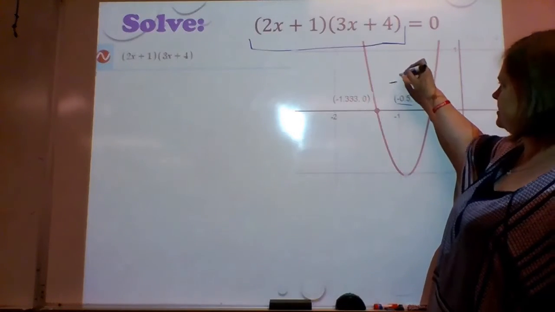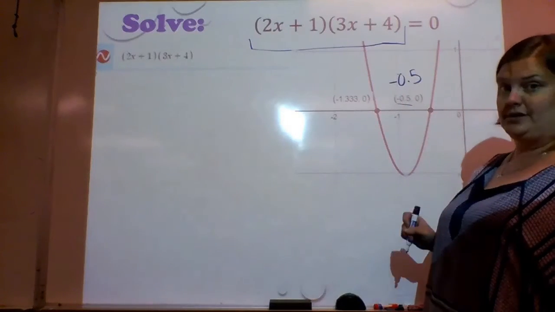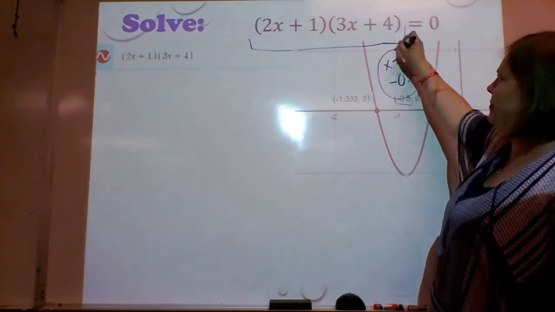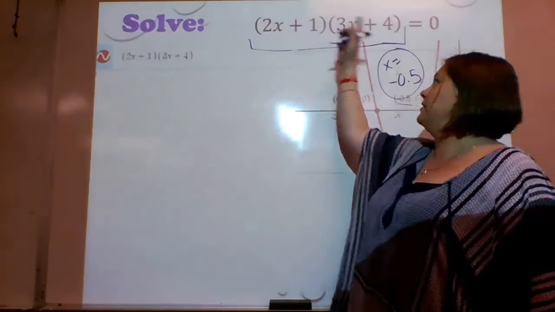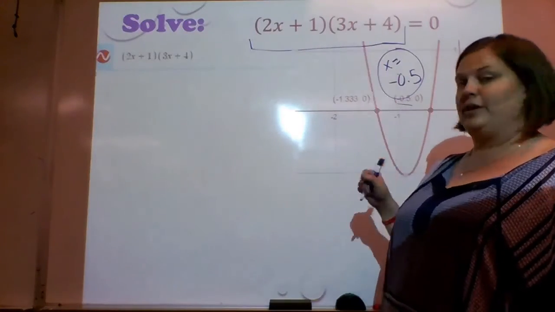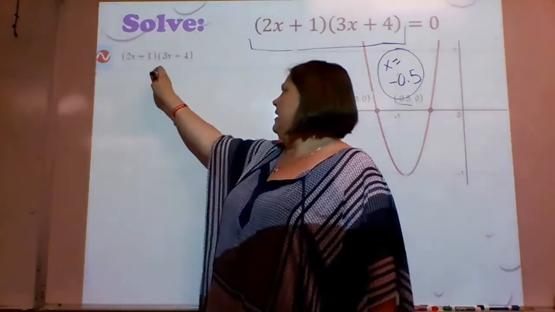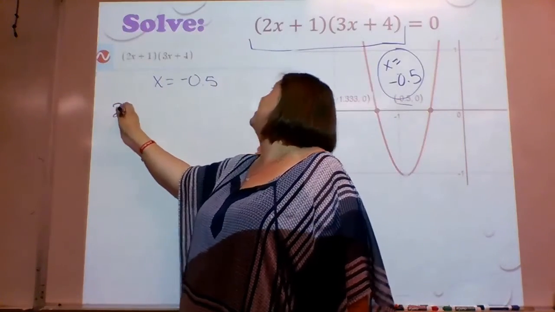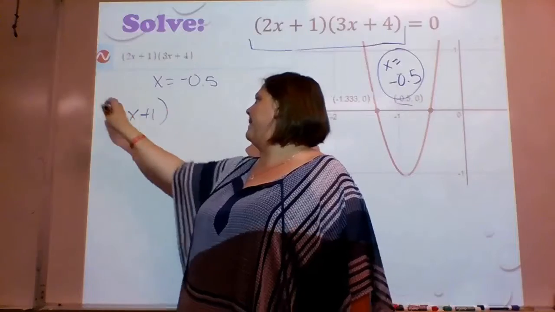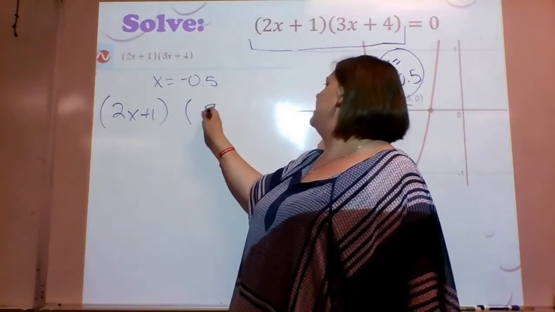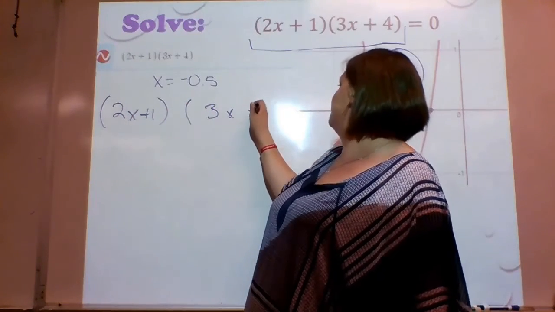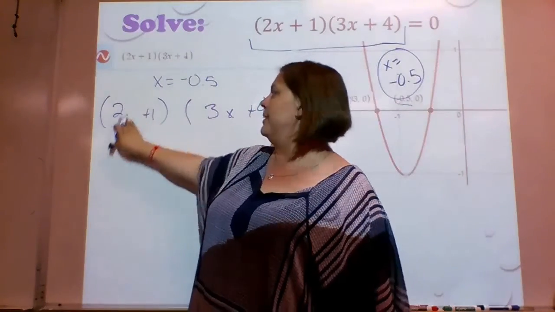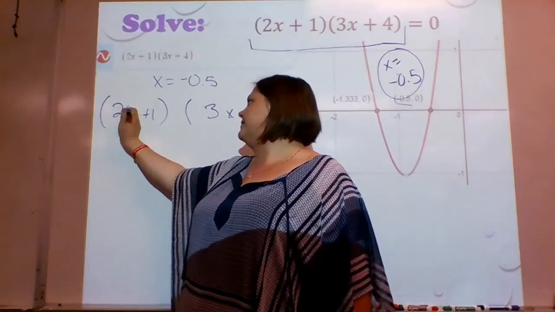So this says -0.5 in case you didn't put it into Desmos, and it's telling me that x equals this. So let me put this in for here and this in for here, and I'm going to solve. x equals negative 0.5. So I'm going to say 2x plus 1 and 3x plus 4 equals 0. Instead of this x, put in negative 0.5.